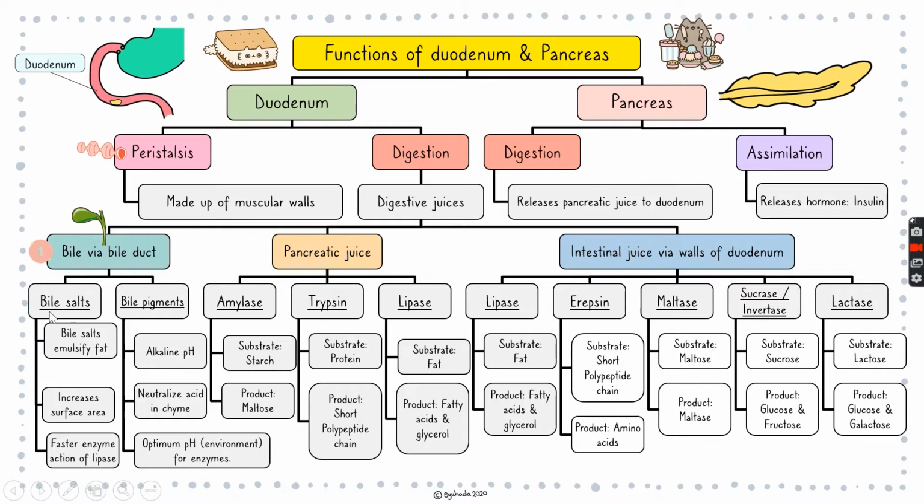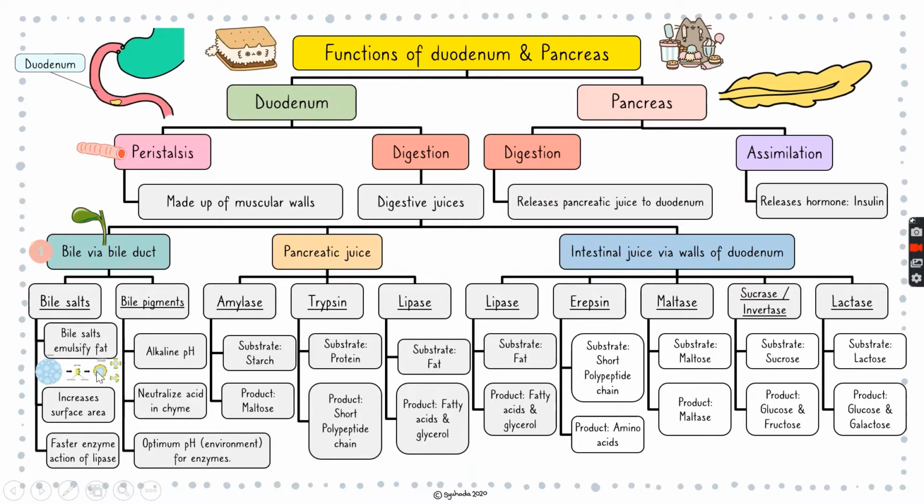This bile contains bile salts and bile pigments, and bile salts are in charge of emulsifying fat. Emulsifying means to physically break down the large fat globules into smaller fat droplets. So this is actually physical digestion, also known as mechanical digestion, and bile salts actually do this.